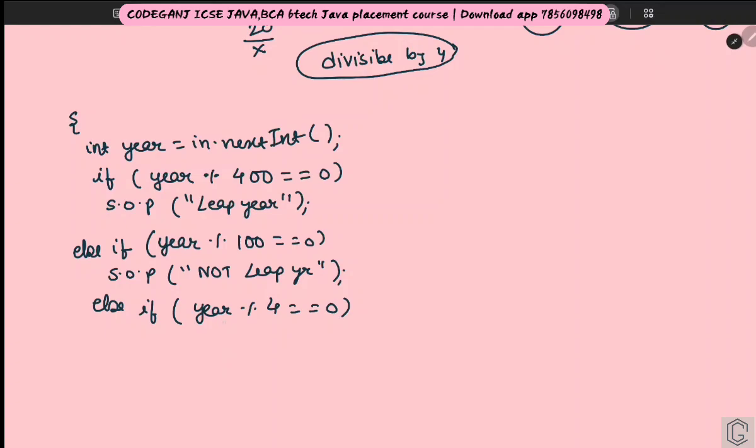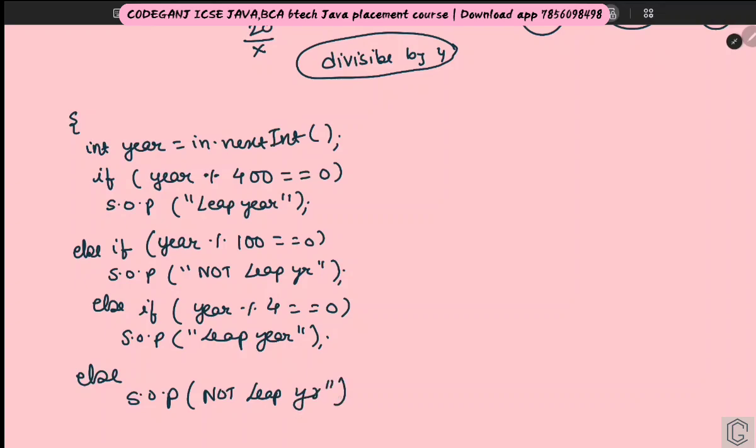This condition should actually be the last checkable condition. That is what I'm trying to explain to you. Then you can print it as a leap year, correct? And suppose any of these conditions does not pass, then it is of course not a leap year. Understood? So that is why this condition is important. You have to understand this whole condition.